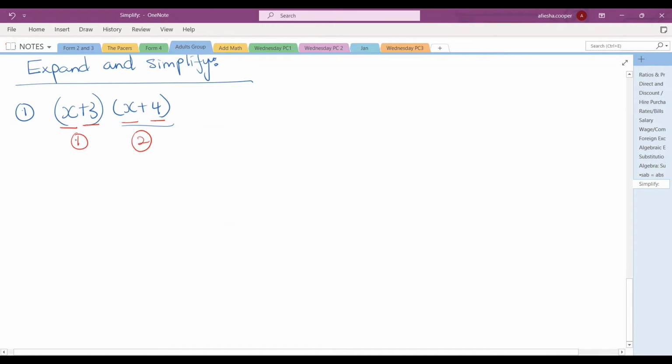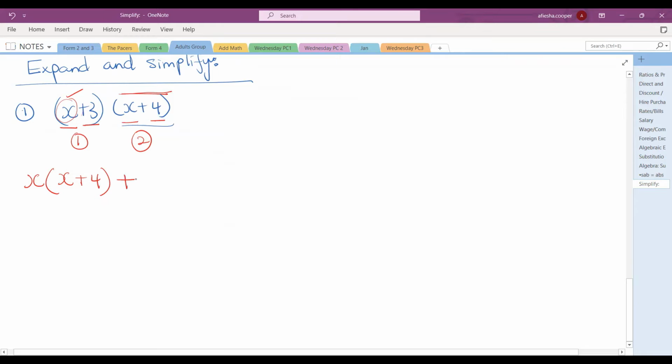What you're going to do is take your first term and multiply it by the second bracket. When I say first term, I'm going to take the x. So we're going to do two distributions. So what we're going to write is x by x plus 4, right? So first term by second bracket.